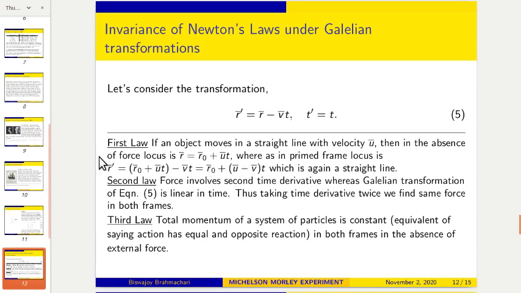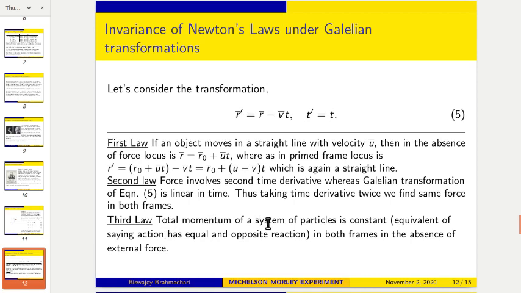This is again a straight line, r dash of t. So the first law is the same, it moves in a straight line. Second law: force involves the second derivative, whereas the Galilean transformation is linear in time. So there is no problem with Newton's second law. If you take the double derivative, both sides are the same, the extra term disappears.